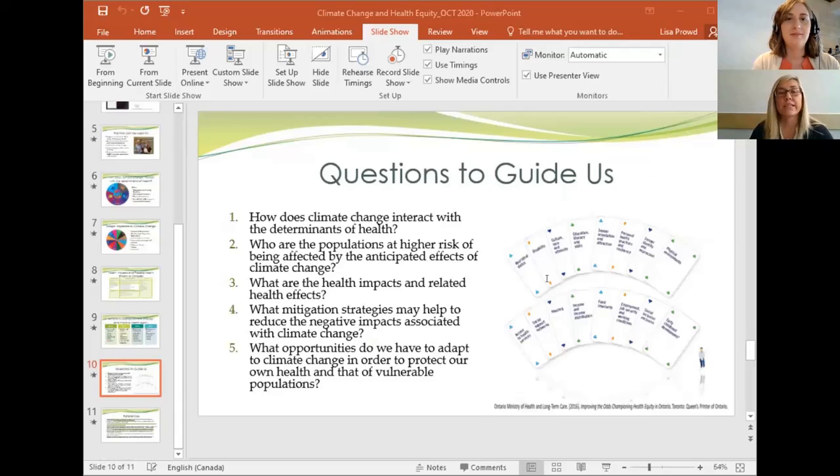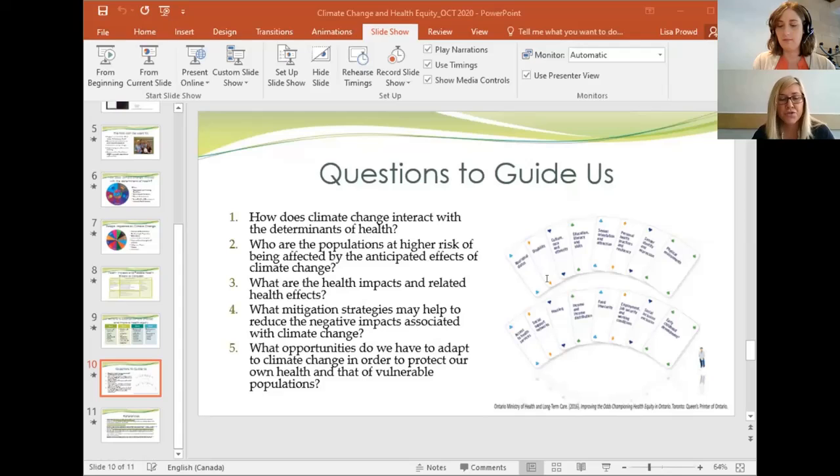So in closing, here are a few questions that may help to guide you when using the health equity tool in your discussions and your planning. How does climate change interact with the determinants of health? Who are the populations at higher risk? What are the health impacts and the related health effects?